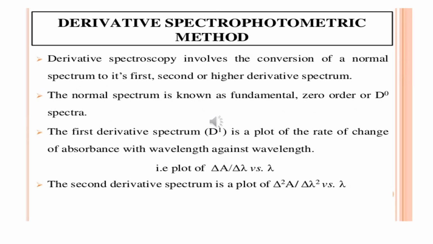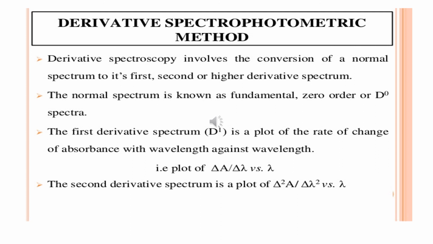Next method is derivative spectrophotometric method. Derivative spectroscopy involves the conversion of the normal spectrum to its first, second or higher derivative spectrum. The normal spectrum is known as the fundamental, zero order or D0 spectrum.